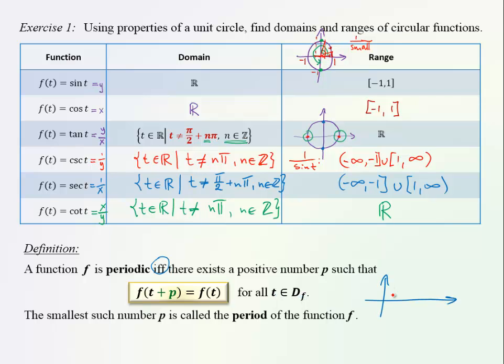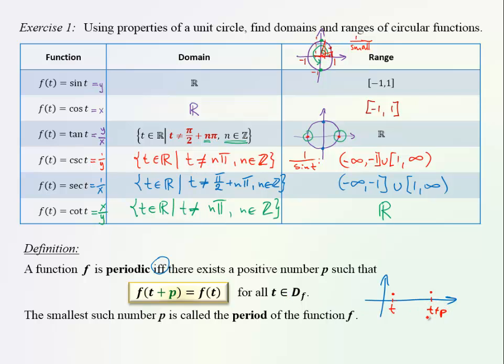So, for example, that really means that if I have a value of a function for this particular t and it's somewhere here, and I go p steps farther, so that's t plus p, then I will hit exactly the same value. And this repeats itself for every t.